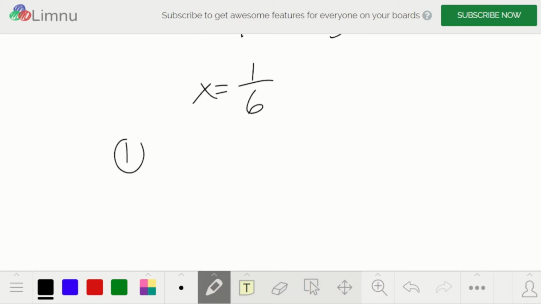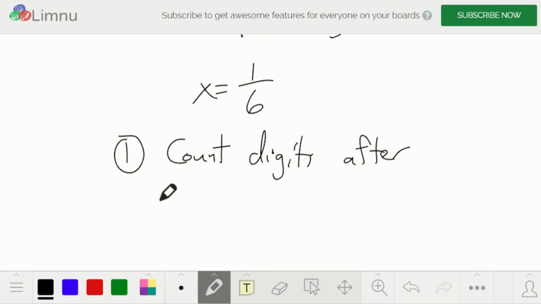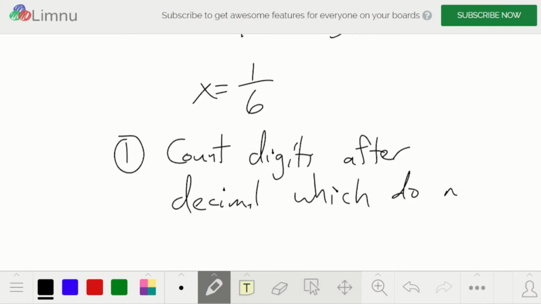So our steps here. Count the digits after the decimal which do not repeat. So these are the ones that come before the repeating decimals.